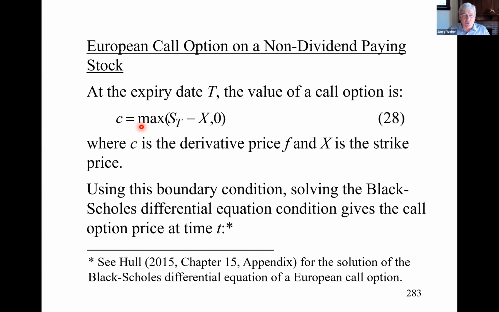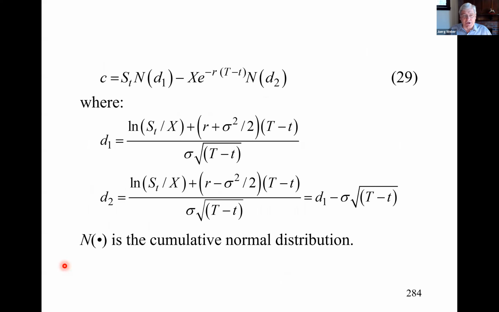Now you can use this boundary condition, this endpoint condition, and solve the Black-Scholes differential equation. It's shown how it's done in the Hull book, chapter 15 in the appendix, and it's actually quite easy. So maybe have a look at it. So the result is this.